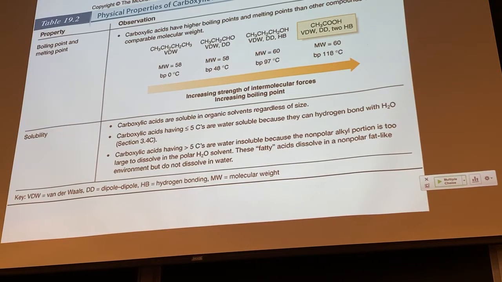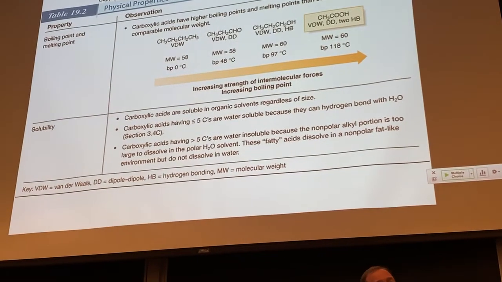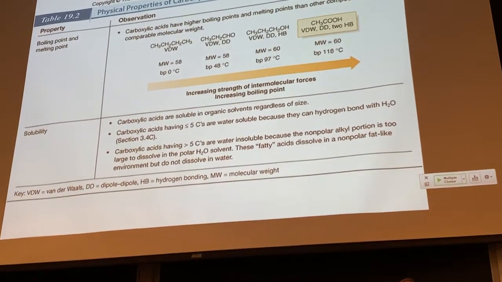And so that is going to be what we would refer to as a fatty acid. Those long chain acids that don't dissolve in water are fatty acids, and they are important in biochemistry. We've talked about them a little bit previously, saturated versus unsaturated fatty acids. Okay, any questions about physical properties of carboxylic acids?